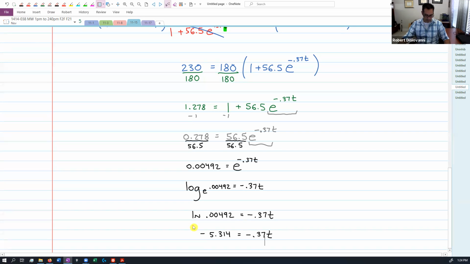Last step, divide both sides by negative 0.37. So I'll take that, divide by, I get about 14.36 is t. About 14 days.